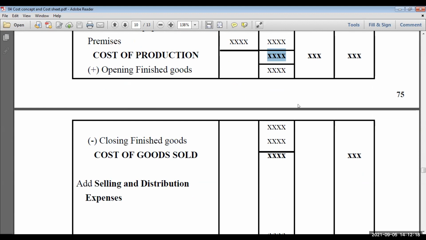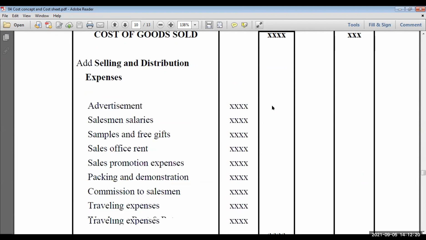Cost of goods sold. After finding out the cost of goods sold, we have to add all the indirect expenses, indirect material, indirect cost or indirect labor incurred in the selling and distribution process, under the heading called selling and distribution overheads.